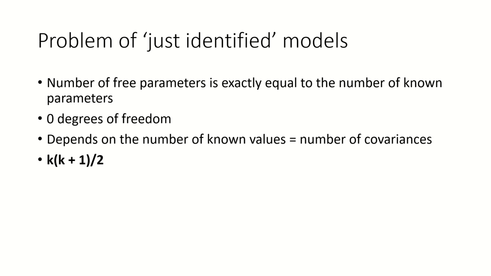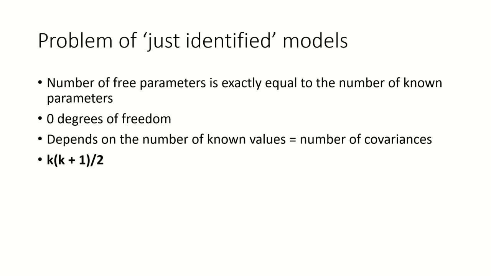One of the issues that we might come across are so-called just identified models. This is the case when the number of free parameters is exactly equal to the number of known parameters. In this case, we have 0 degrees of freedom. What is meant by the number of known values is the number of covariances that we have in our data set. So if we have, let's say, 3 items, we have this little formula here.